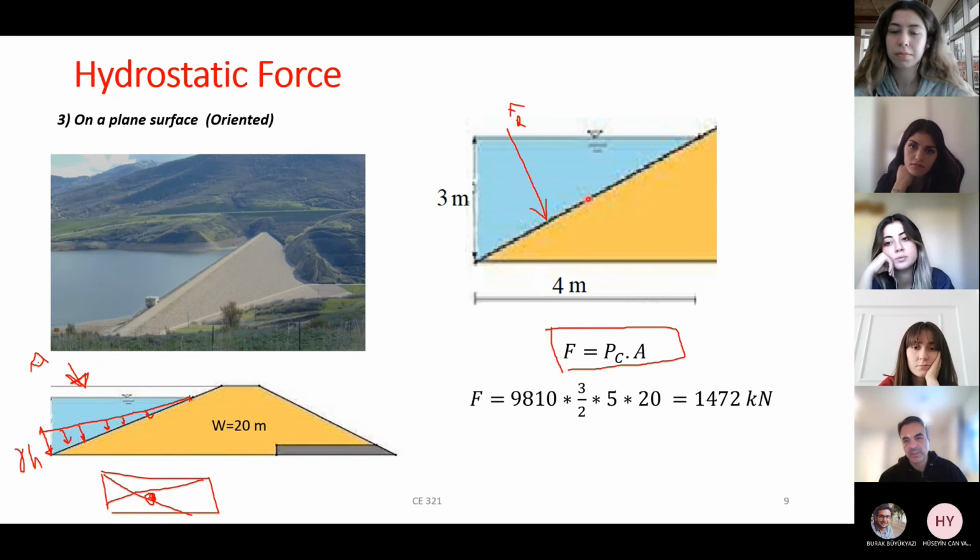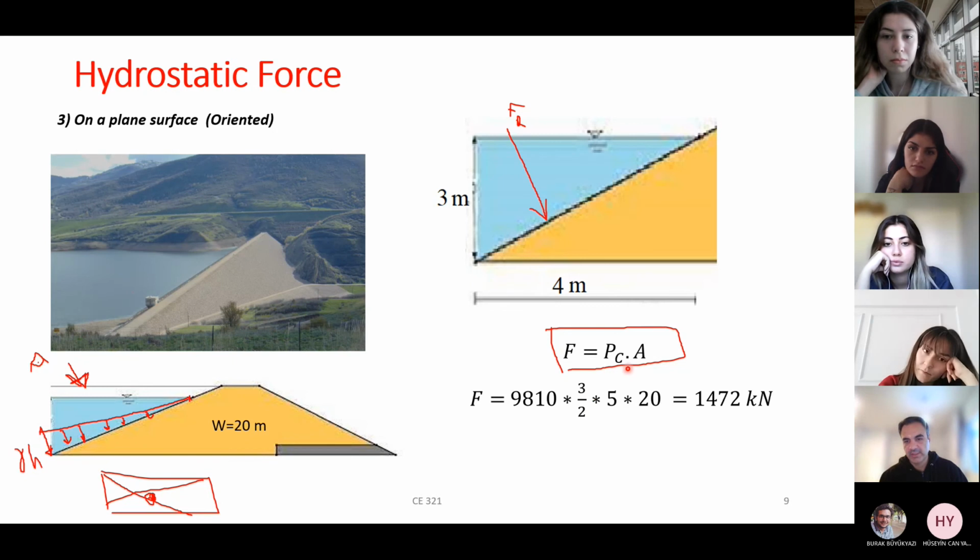This point could be the middle, and at this point, the depth of water equals 1.5 meters. This is why I divided 3 by 2. Therefore, this is the depth of the centroid. Gamma h means pressure at centroid.